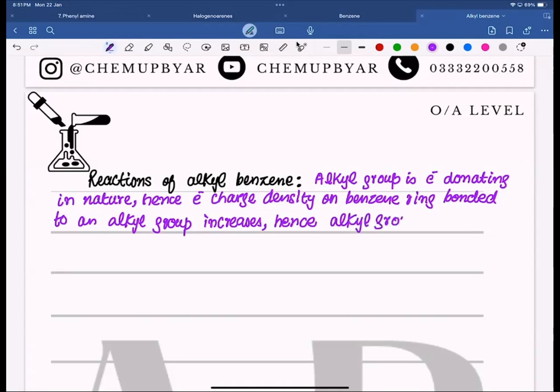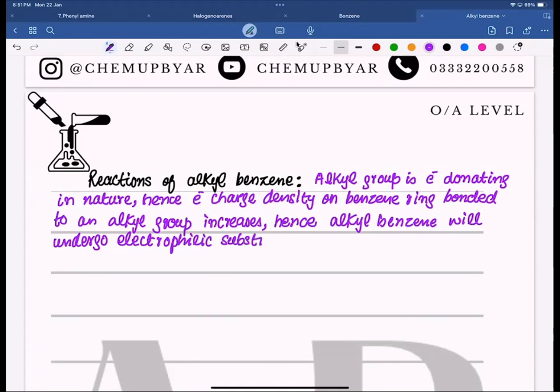alkyl group, hence alkyl benzene will undergo electrophilic substitution at 2, 4, and 6 positions.